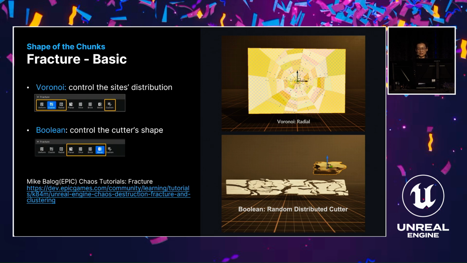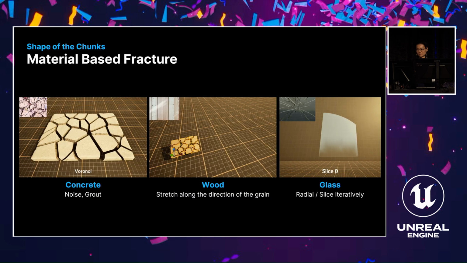Unreal provides several options for each method in the fracture edit mode, and you can refer to the link below. It provides detailed instructions and examples for all the options I listed, so I won't elaborate here. However, when considering which approach to choose, I'd like to emphasize one point.